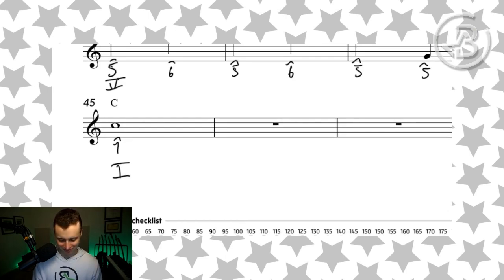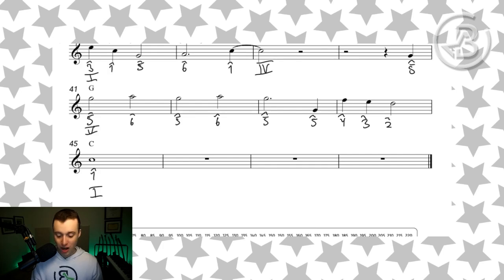Excellent. So, interesting to see in this one the use of the flat 3. Wild. Over these chords that, well, normally you wouldn't see the flat 3 happening, but it creates a feeling, it creates a vibe, it gives a sound, it communicates emotion.